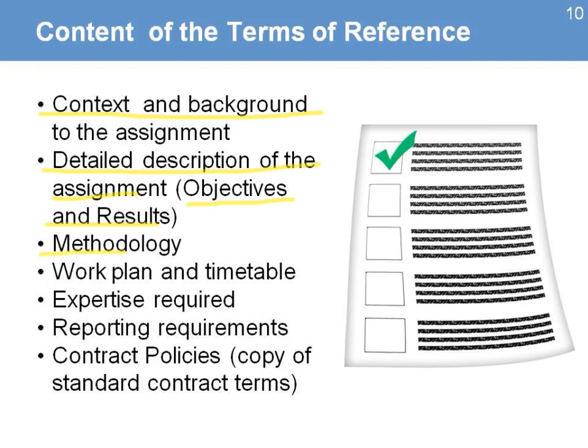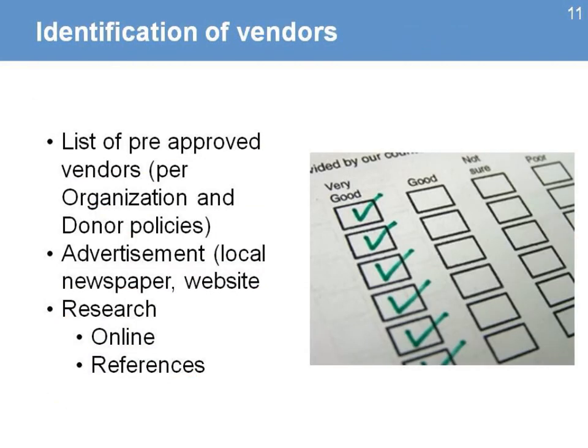It will include the type of methodology you are requiring from the companies or the vendors of that good or service, a work plan with a timetable. You also require them to provide you information on the expertise that is required for that. That includes the level of experience, of knowledge, reporting requirements, and contract policies, which even includes a copy of the standard contract and terms.